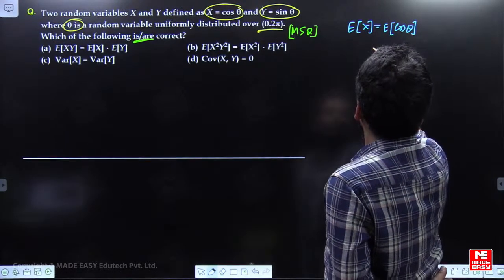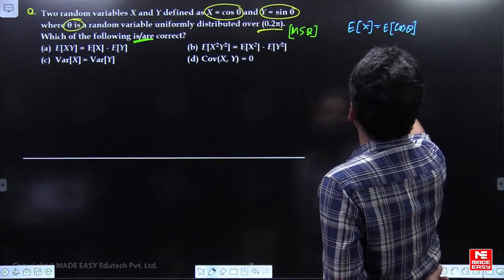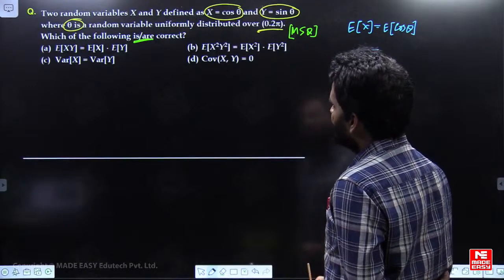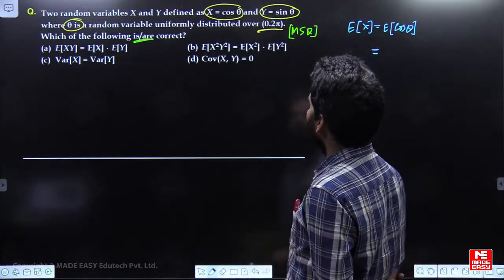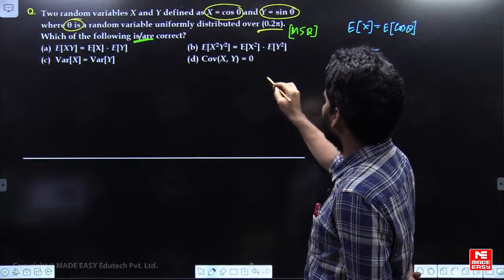What is the random variable involved here? Theta is the random variable involved. Is it a continuous random variable or discrete random variable? It is a continuous random variable.